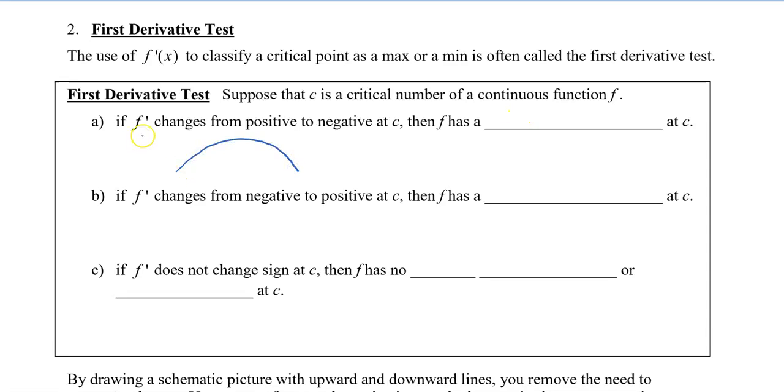So we have f prime, and this changes from positive, so we can see this is a positive slope, and then we have a negative slope. So at this point C here at the top, f prime is positive on the left side and negative on the right, then we say that f has a local maximum.